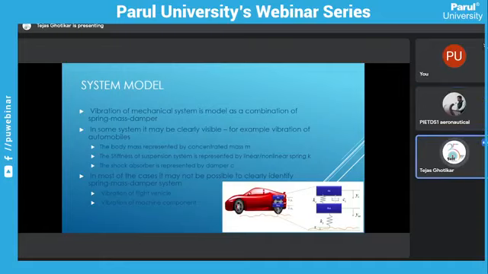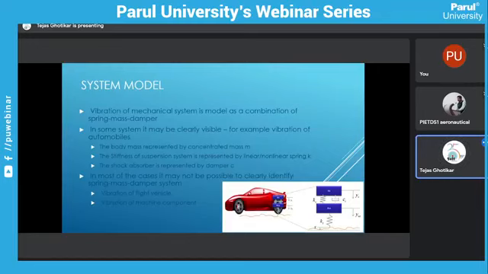Okay, so first of all, where you want to measure the vibration. That is a very critical thing, right? So first of all, identify the place where you want to figure out or measure the vibration. That is the first thing.